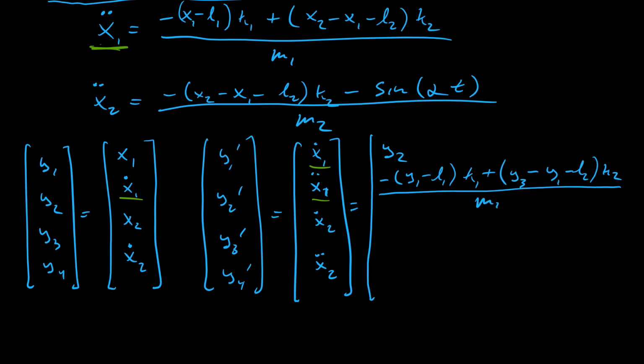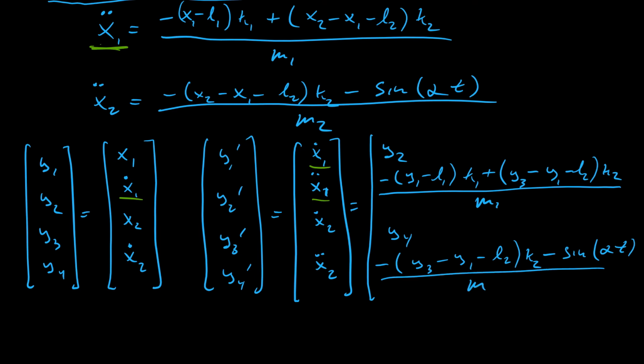And then x2 dot, we already know is y4. And x2 double dot, we'll take from above as well, and we'll also do the substitutions for the y's. So x2 is y3, x1 is y1, minus L2. Great, and so now we are ready to put this over into our MATLAB.